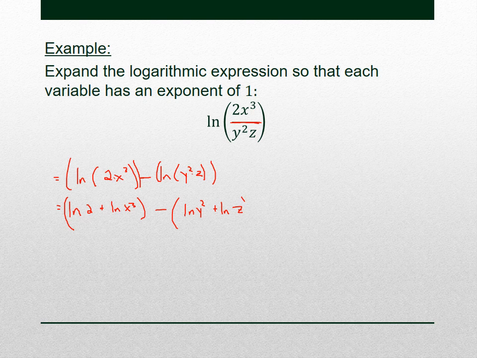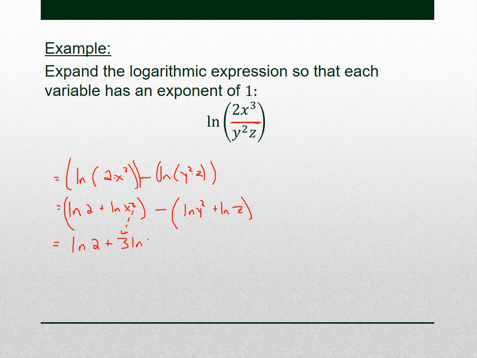And now the last thing to do is to get these exponents to be 1. So we're going to use that property of pulling the exponent out to the front. The natural log of 2 is fine as is. Since it's an x cubed on the inside of the natural log, we can pull that 3 out into the front, and you get 3 natural log of x.